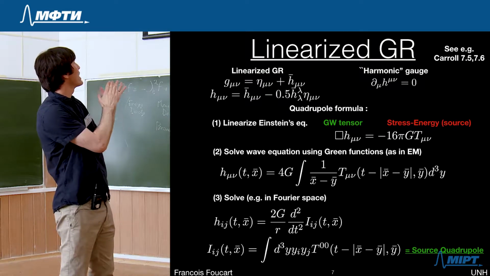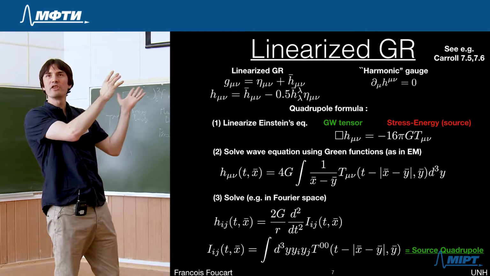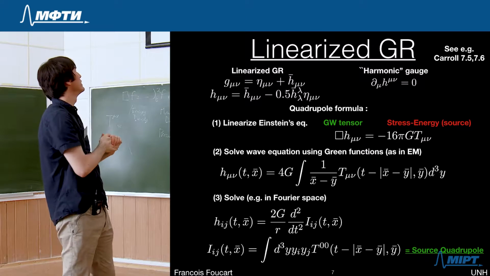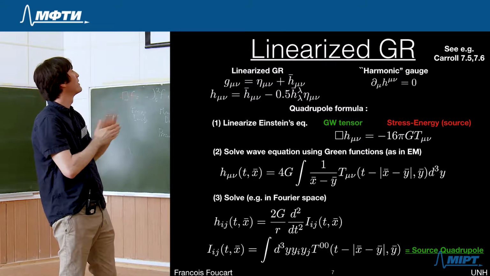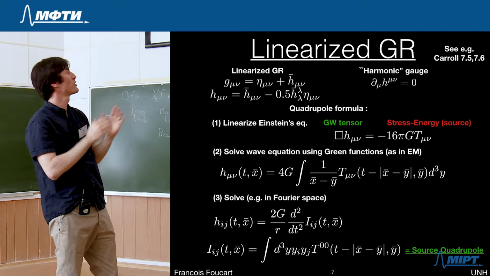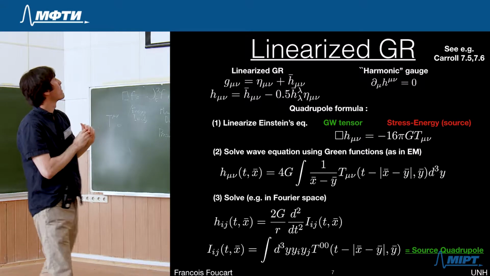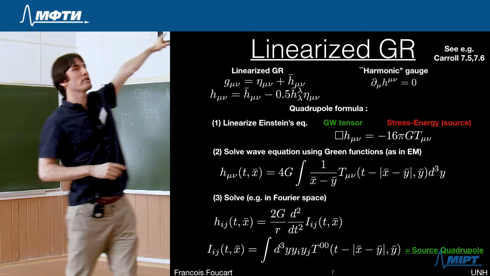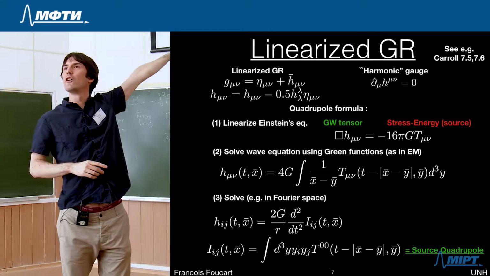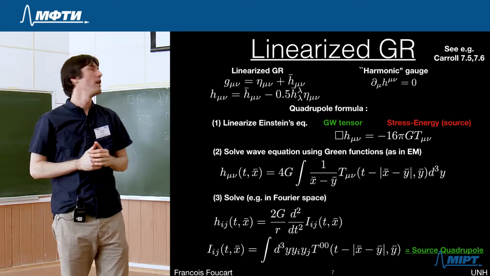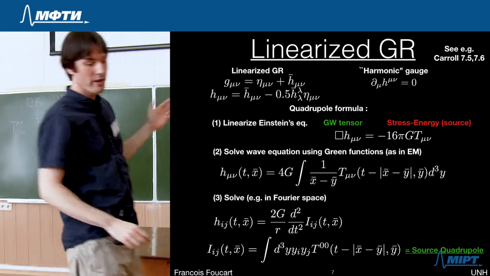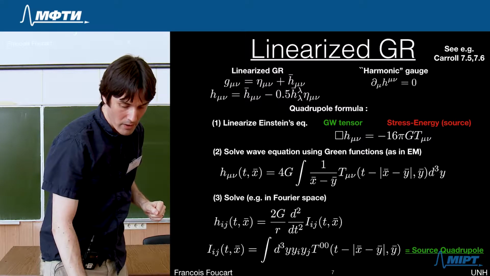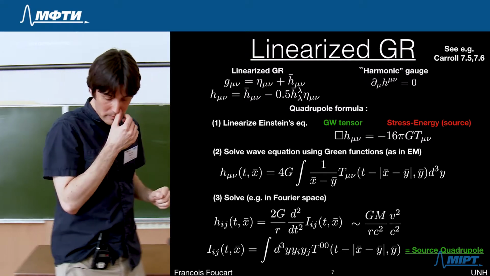So this tells us that the metric perturbation, the gravitational wave, is proportional to the second time derivative of the mass quadrupole. It also tells us that the amplitude of the metric decreases like 1 over r only with distance. So that's what we can get from this formula.